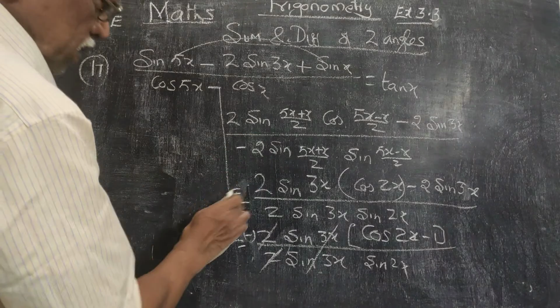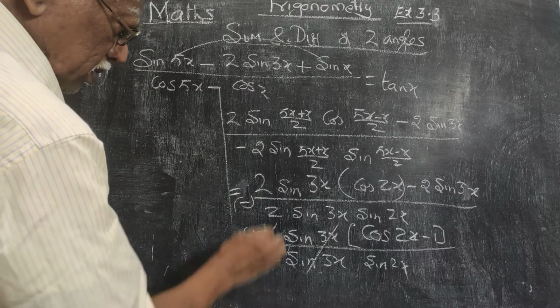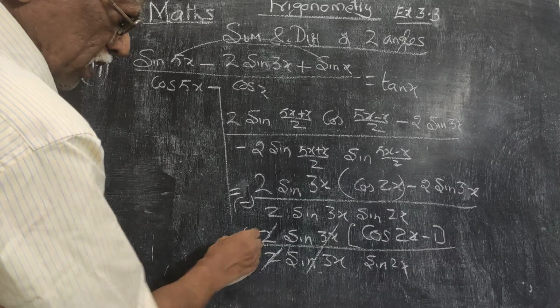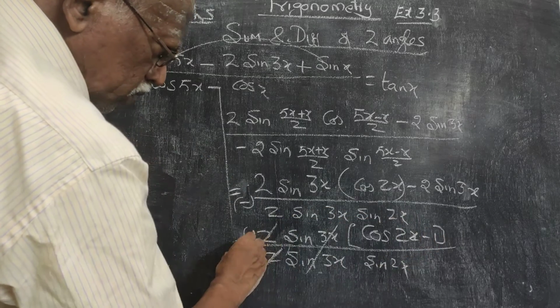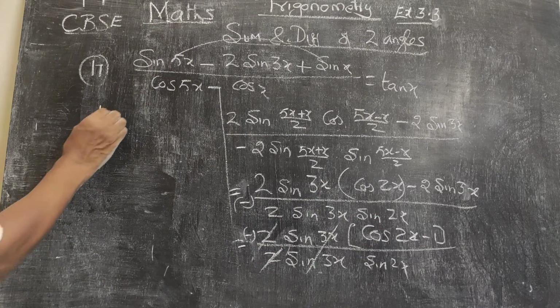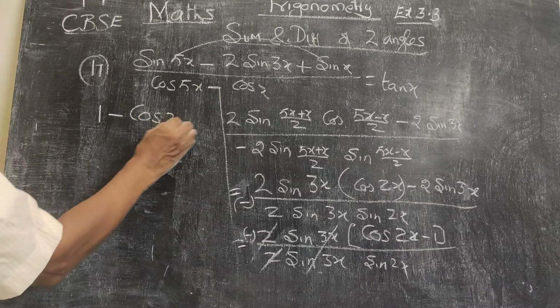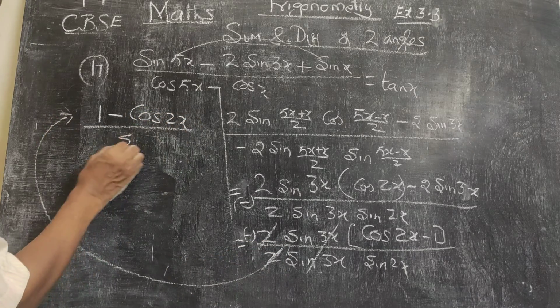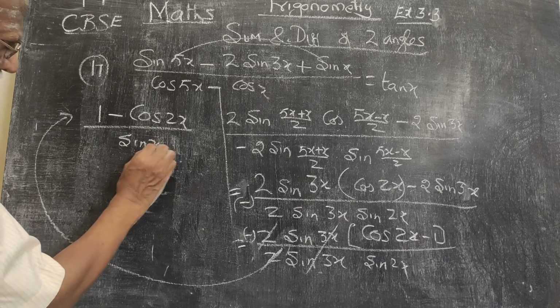There is a minus sign, so I am putting here minus and also here there is a minus. Now what is left out? Minus of cos 2x minus 1, so I can write it as 1 minus cos 2x divided by sin 2x. That minus I have taken inside.